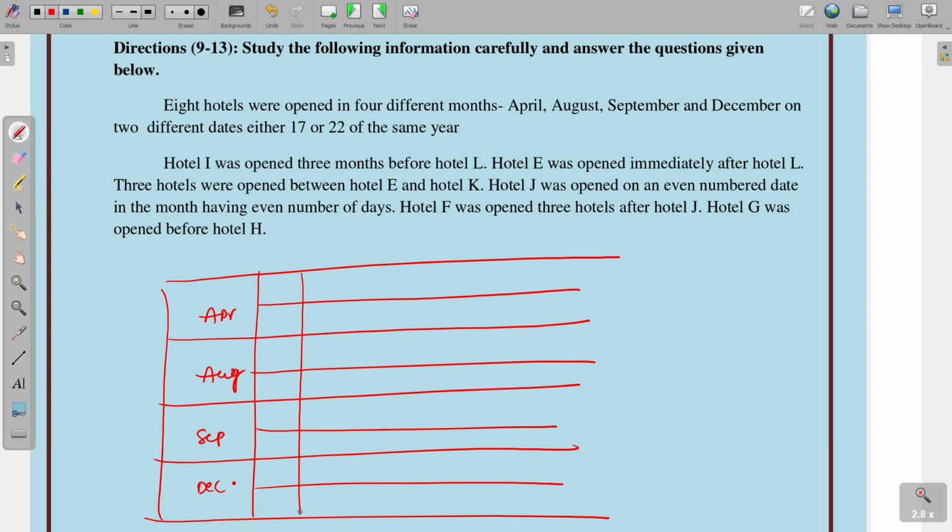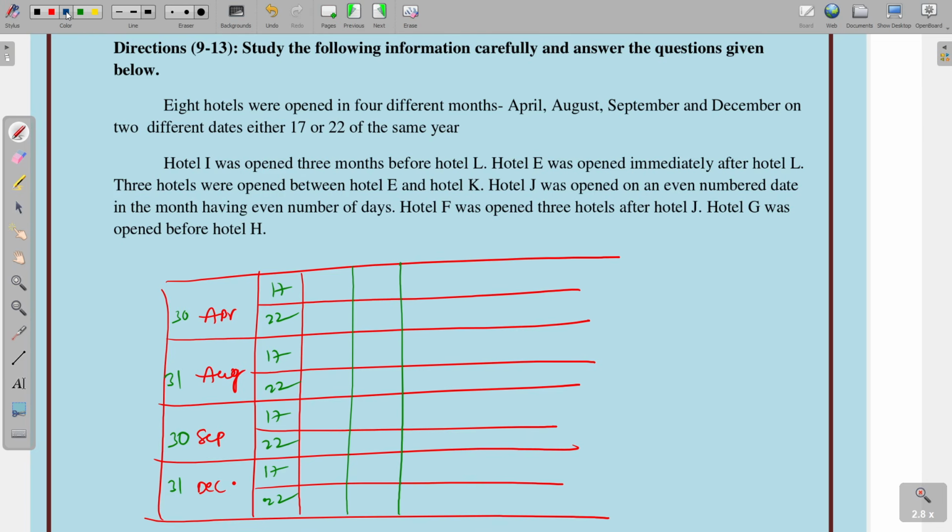What are the dates here? 17 and 22. So April has 30 days, August 31, September 30, December 31. So it is the first possibility and second possibility.